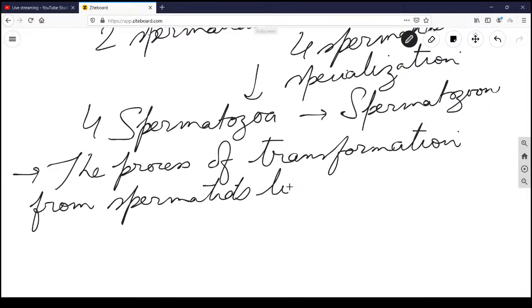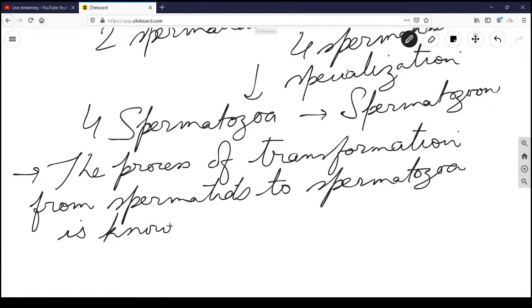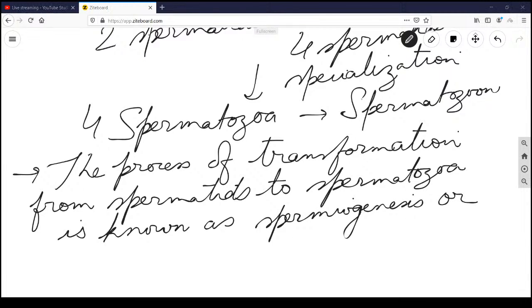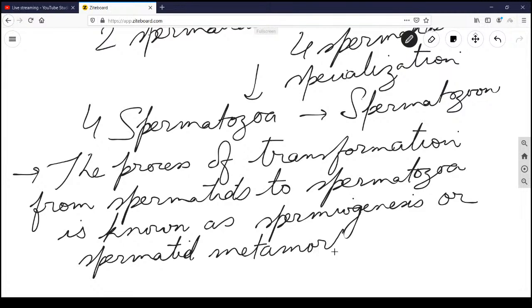So always keep that in mind, because this is spermatid metamorphosis.